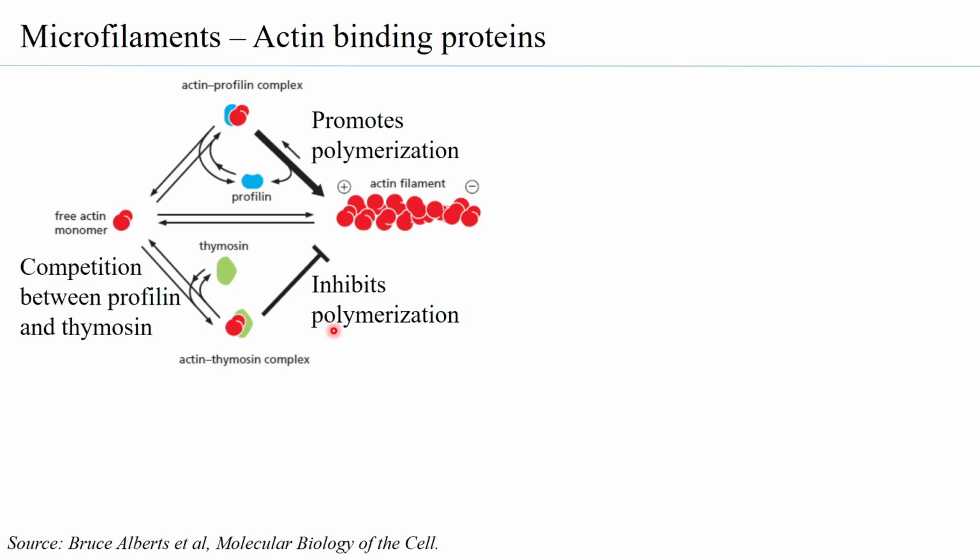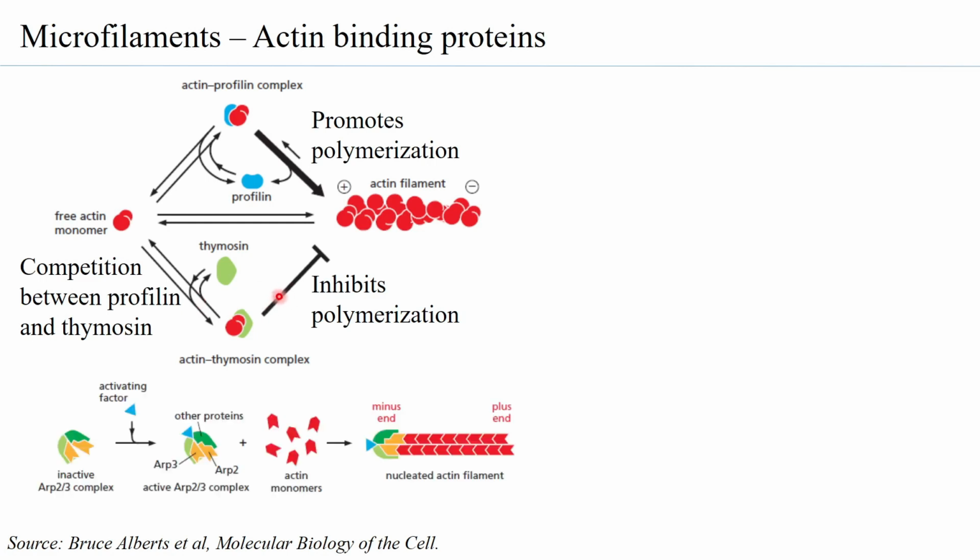So in actuality, you would find that there is a competition between profilin and thymosin to lead to a higher or lesser polymerization of actin. So I'm just giving a few examples of actin binding proteins and how they help in the filament formation.